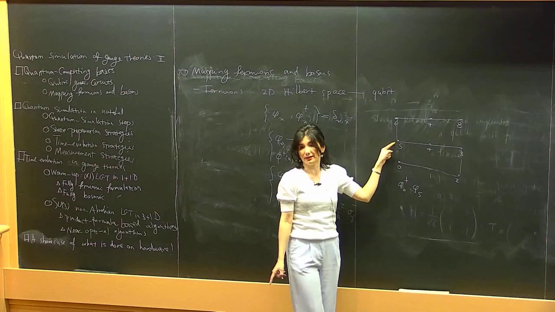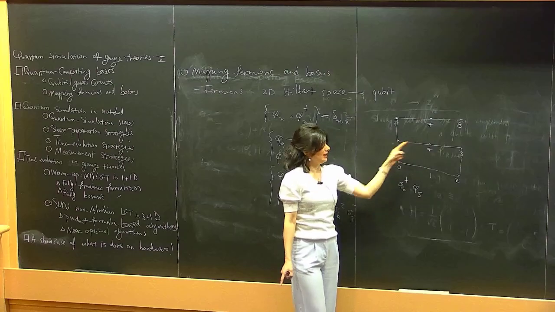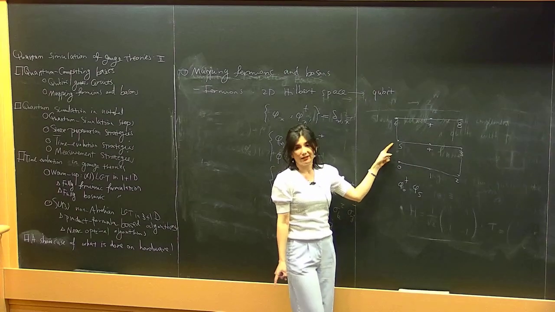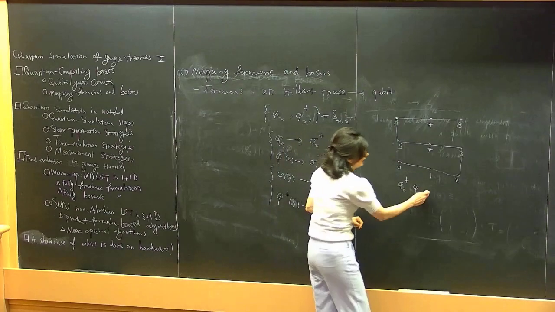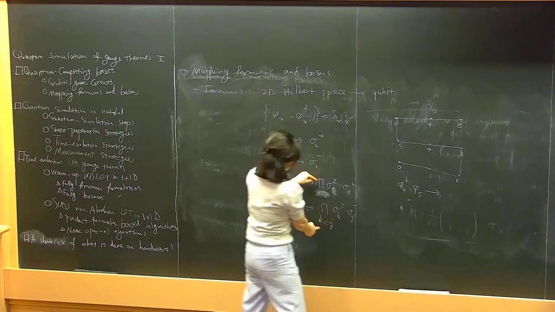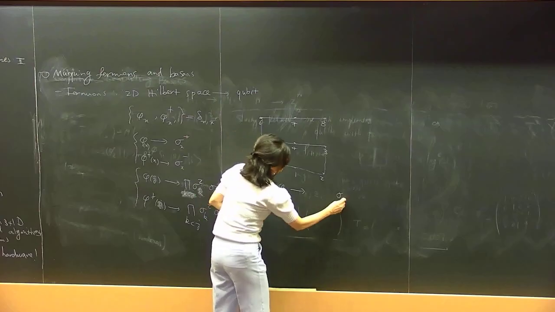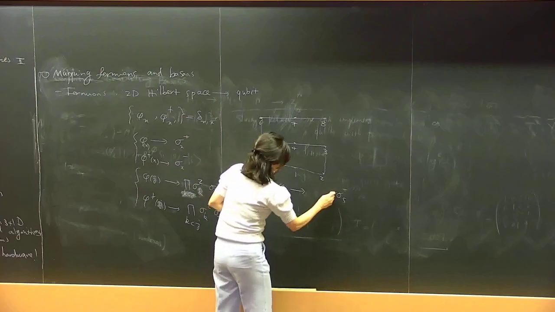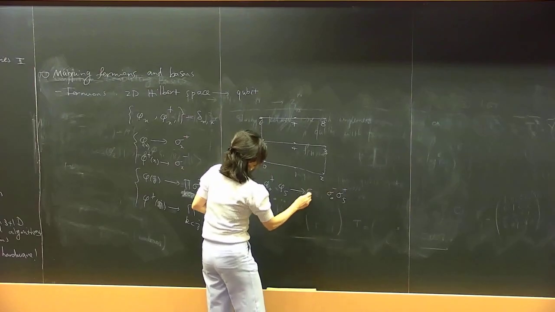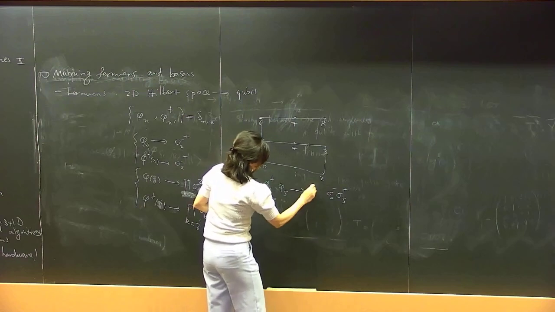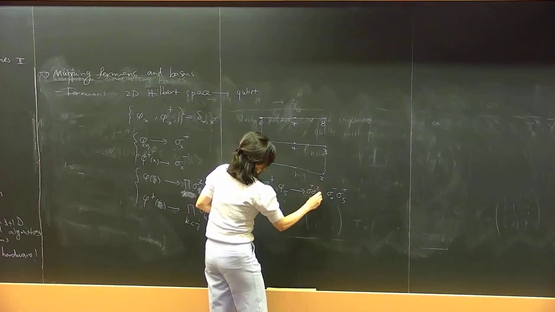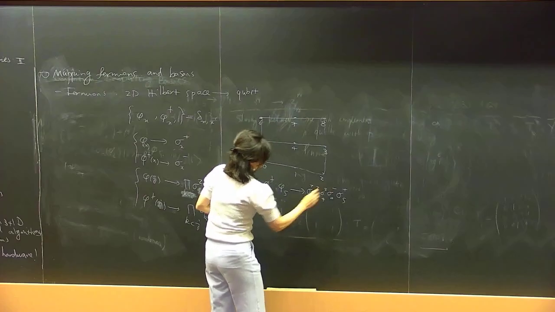But because of my labeling, they are farther away in this linear map. So if I map it according to this, I'm going to see sigma plus of 5, sigma minus of 0, and then sigma 0z, sigma 1z, all the way to sigma 4z.